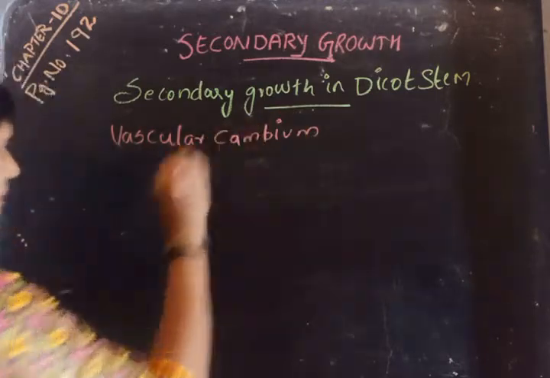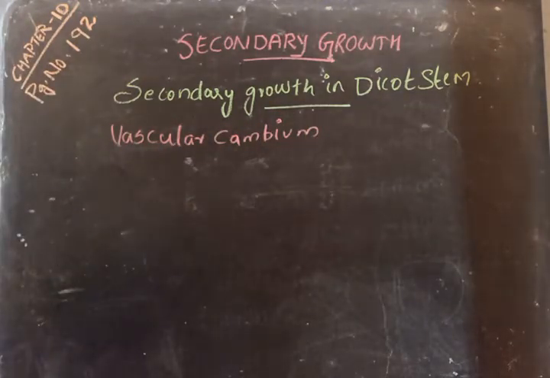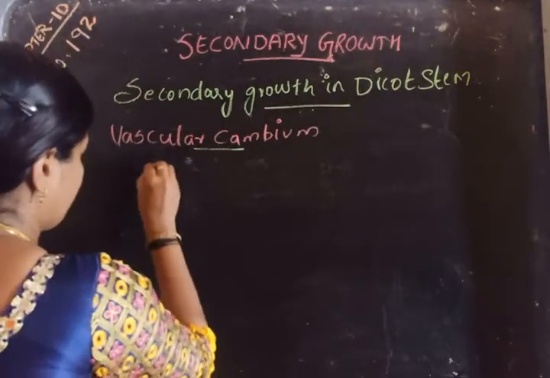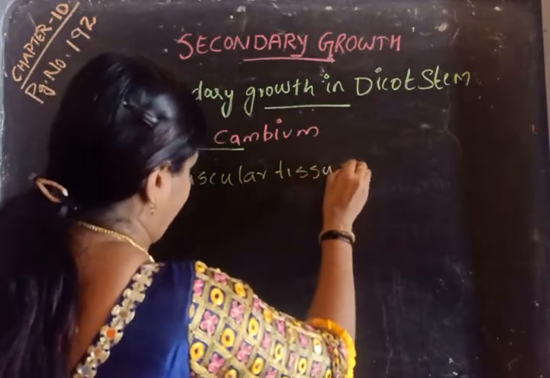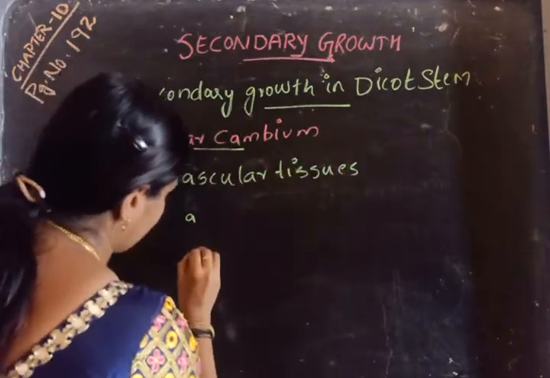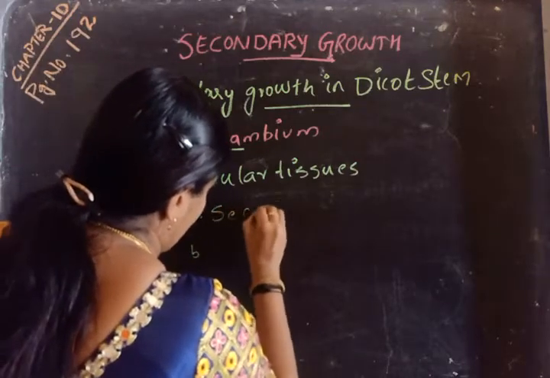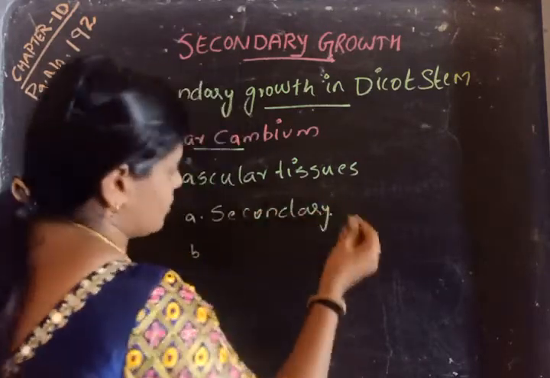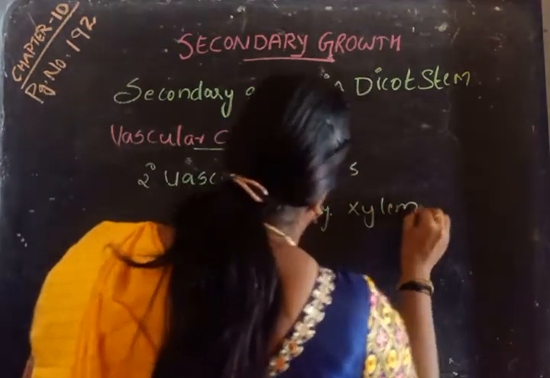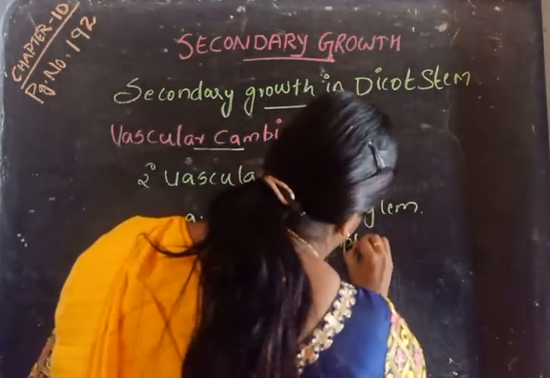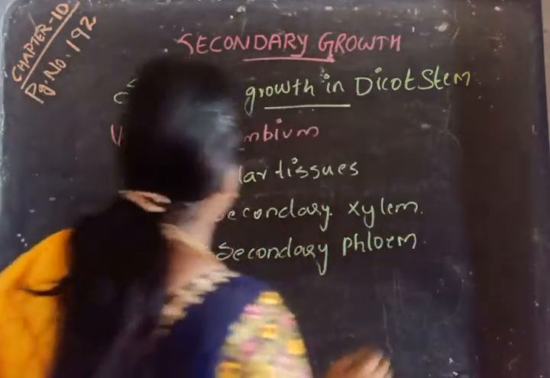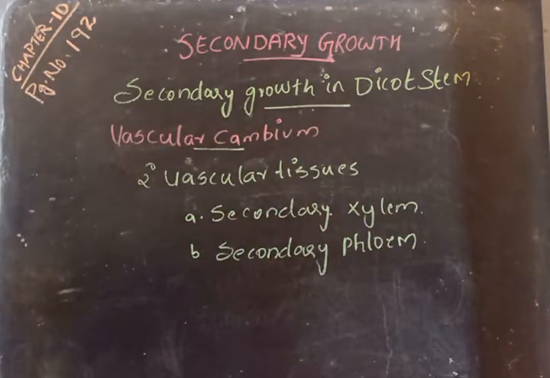Vascular cambium is nothing but the lateral meristem that produces the secondary vascular tissues. So, what are secondary vascular tissues? Secondary vascular tissues are secondary xylem and secondary phloem. The lateral meristem which produces secondary vascular tissues is called vascular cambium.